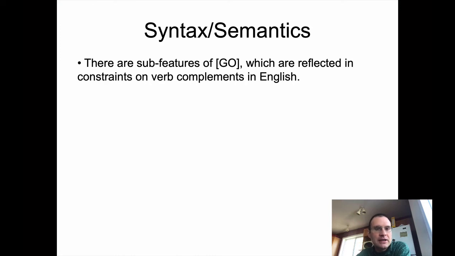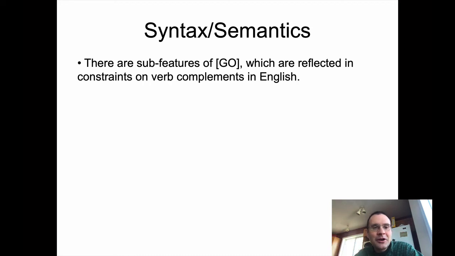So going back to the semantic feature go for different verbs, there are subfeatures of go, kind of like we saw with coronal phonemes in phonology. There are some features of coronal, like strident, right? Only coronal things can be strident.